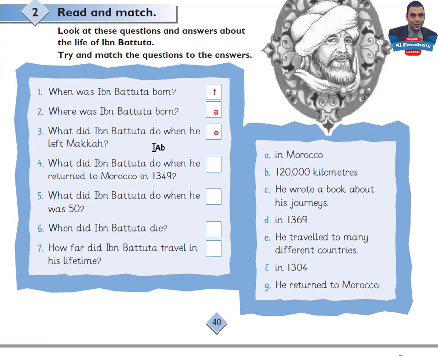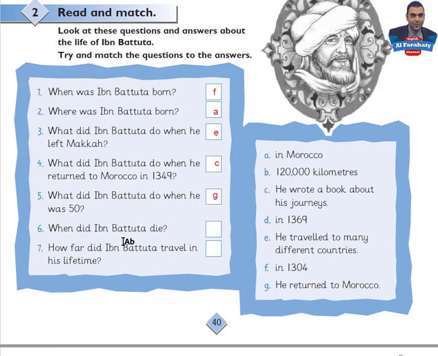4. What did Ibn Battuta do when he returned to Morocco in 1349? C. He wrote a book about his journeys. 5. What did Ibn Battuta do when he was 50? G. He returned to Morocco. 6.